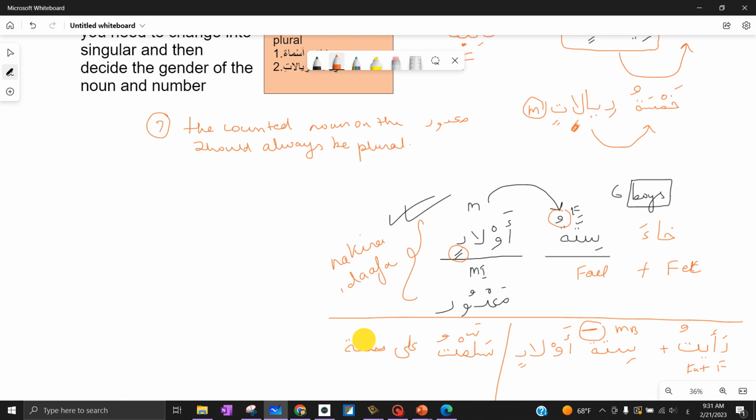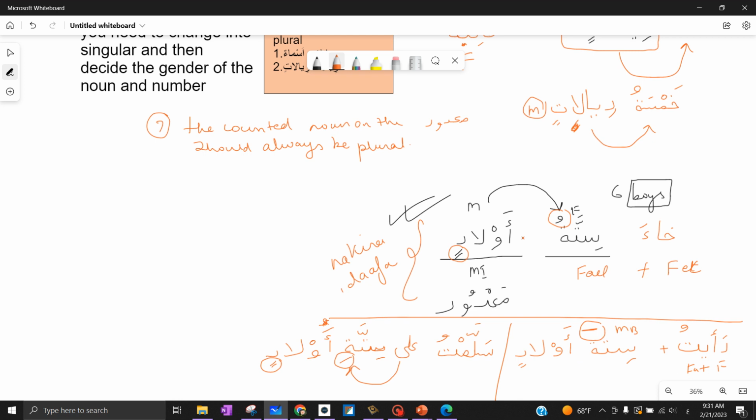Sitta, what will be the haraka here? Sittati awladin. Mudaf ilayhi with kasratain, and this should have a kasra. Why? Because of the harf jar. So this is how you do your i'rab with numbers from 3 to 10.